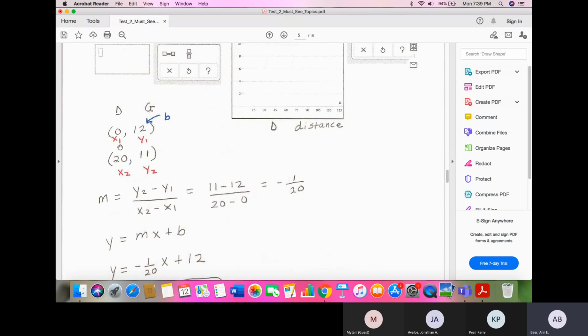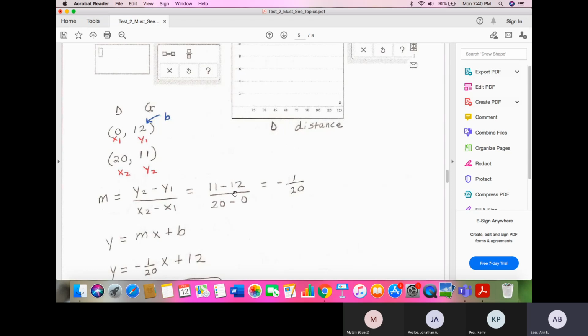So we just labeled this one x1, y1, x2, y2. Find the slope. No matter what way you find the equations of your lines, you want to always find the slope. So y2 minus y1 over x2 minus x1, I've got them labeled here. y2 is 11 minus y1, 12, divided by x2, 20, minus x1, 0.